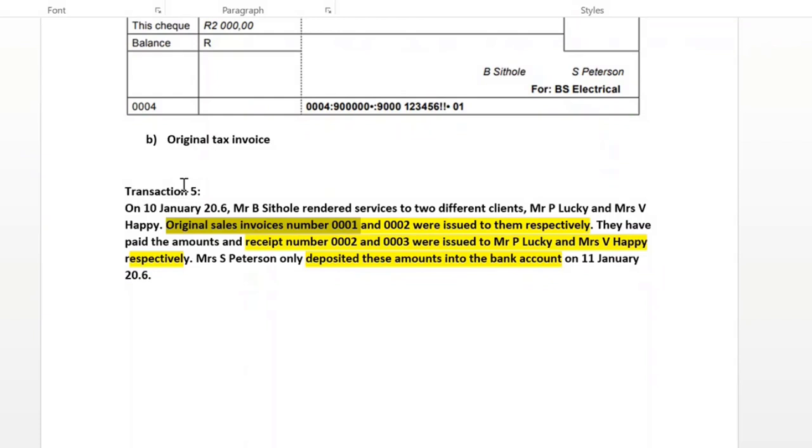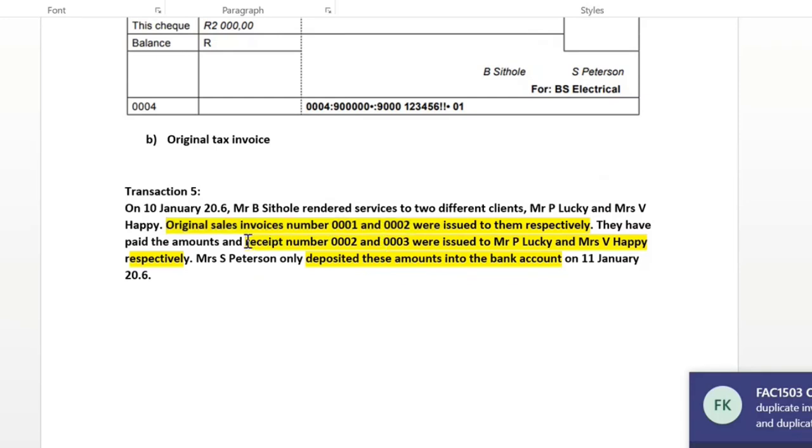What is left? Guys, I'm going to give you a hint to answer this one. If BS Electrical has issued original sales invoices to Mrs. V. Happy and P. Lucky, what are they left with? There's no way that they are left with the original sales invoice if they've issued the clients the original.